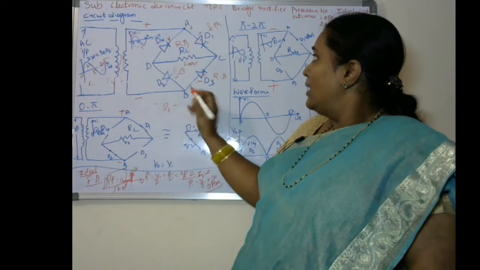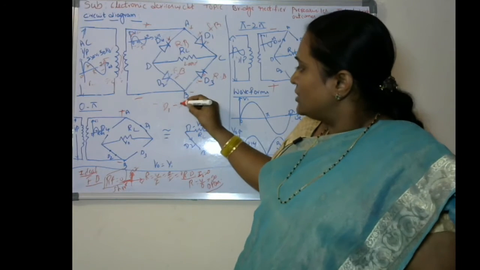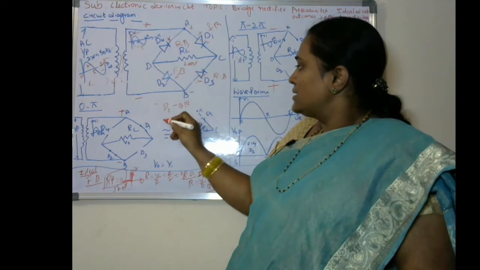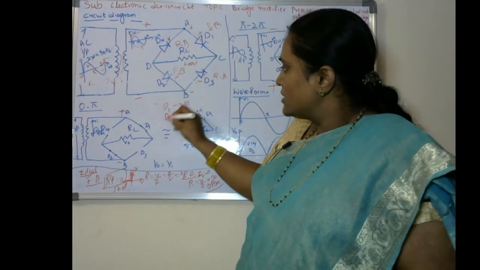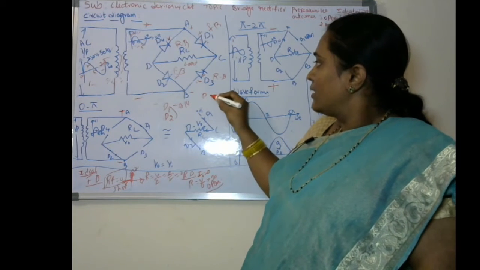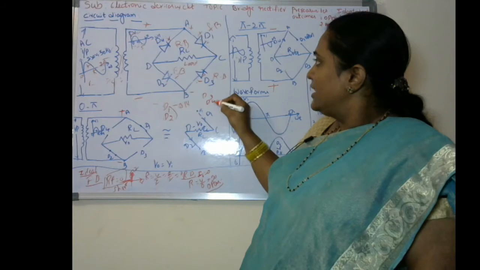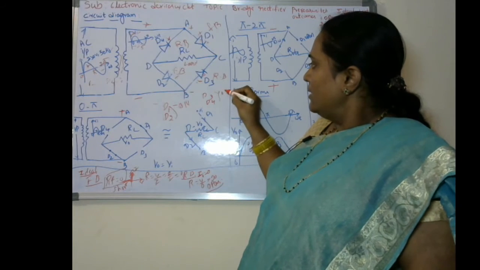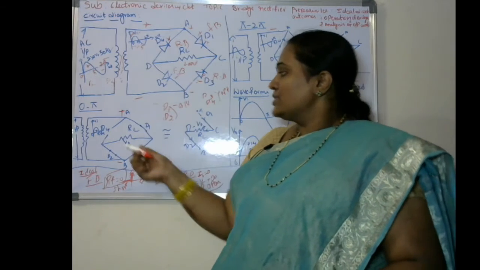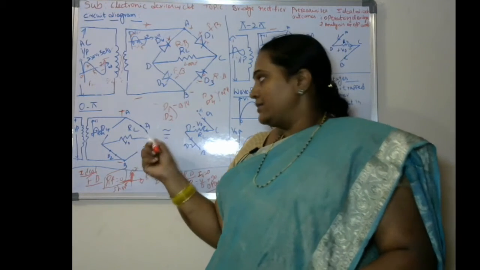is in the on condition, and D2 diode is also on, or else D1 and D2 are in the on condition, D3 and D4 are in the off condition. So once we draw the circuit once again, the circuit will look like this.